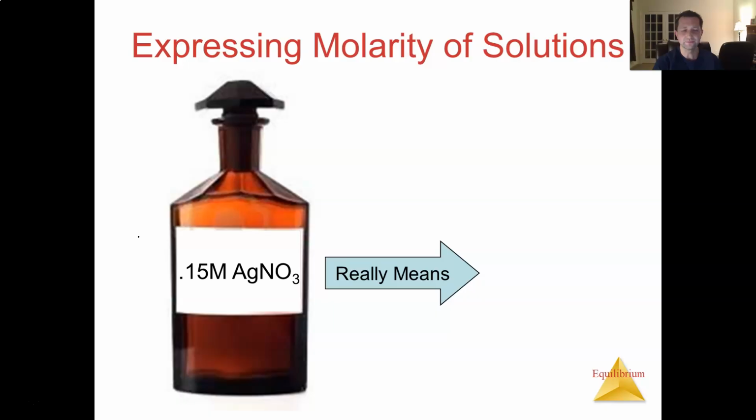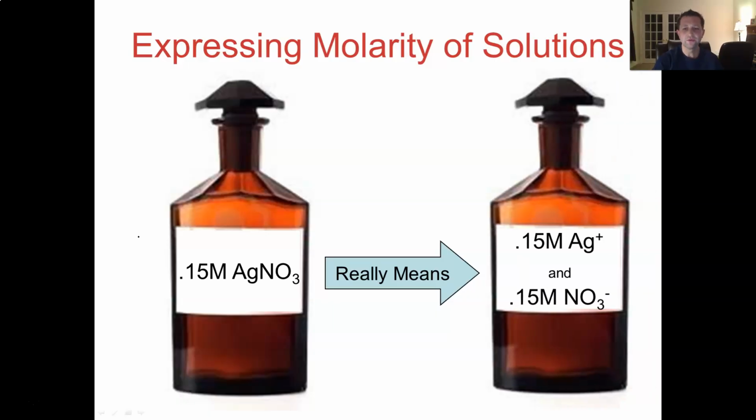Here's how you want to think of it. When these ions are actually in solution, the silver nitrate dissolves, what you truly have is 0.15 molar silver ion and 0.15 molar nitrate ion. When we learned about double replacement reactions in Chem 1, we talked about this, and we even did an example similar to this where we looked at how silver nitrate, or any ionic compound, dissociates.